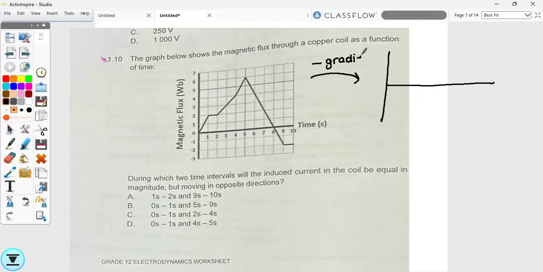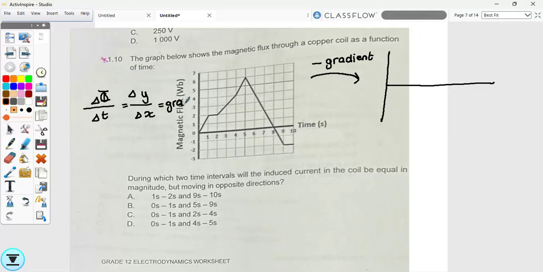Because if you're looking at your equation again, then you know that change in flux, which is our y here, change in y over change in x. So change in flux over change in time is change in y over change in x, because this is flux and that is time, and that is your gradient.